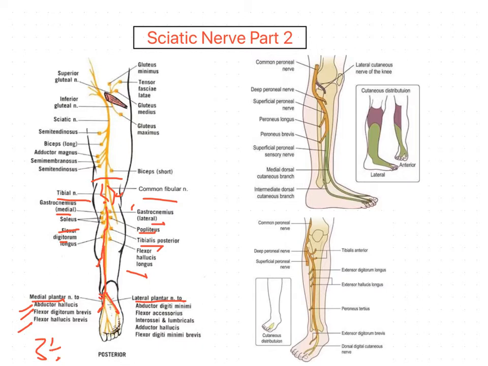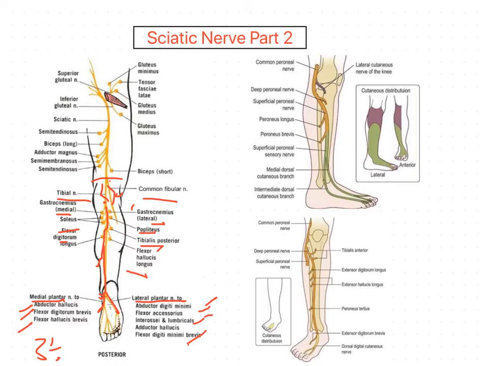The lateral plantar nerve supplies abductor digiti minimi, flexor accessorius, interossei, lumbricals, adductor hallucis and flexor digiti minimi brevis. That means these plantar nerves supply all layers of the sole, and the lateral one supplies the lateral 1.5 toes. So these are all the branches arising from the tibial nerve.